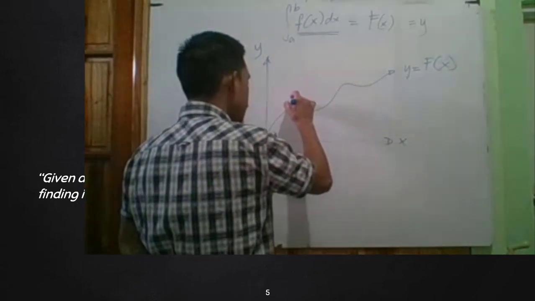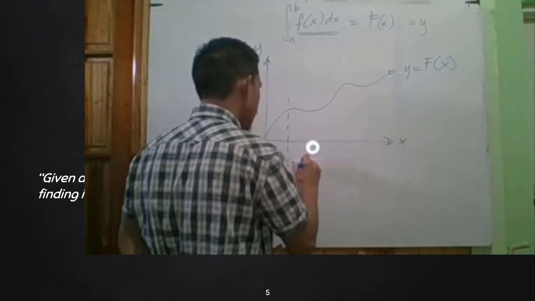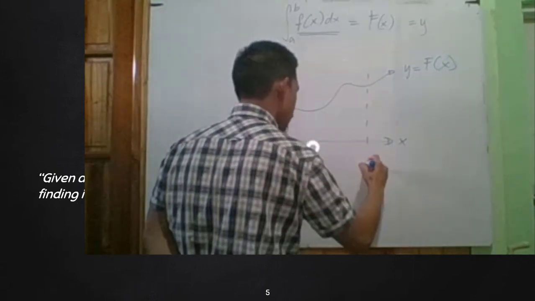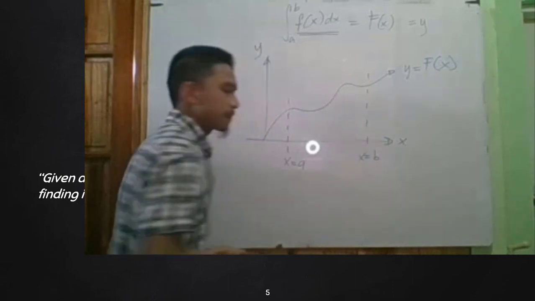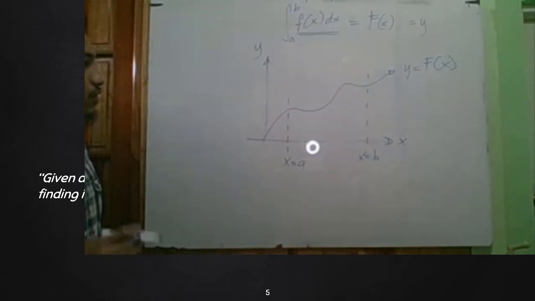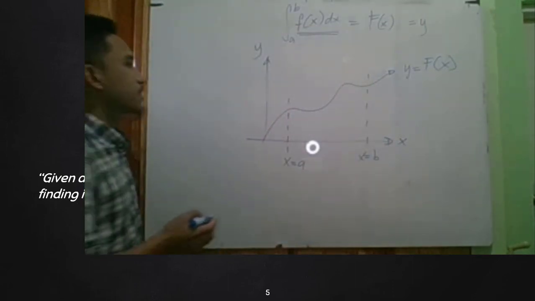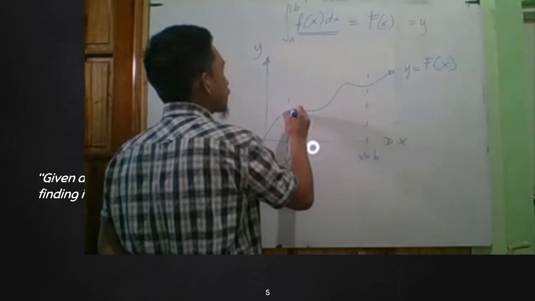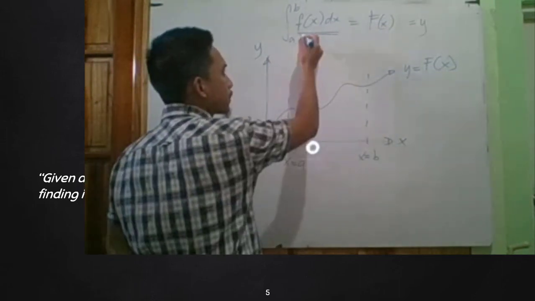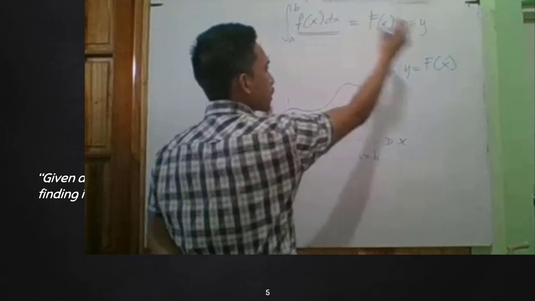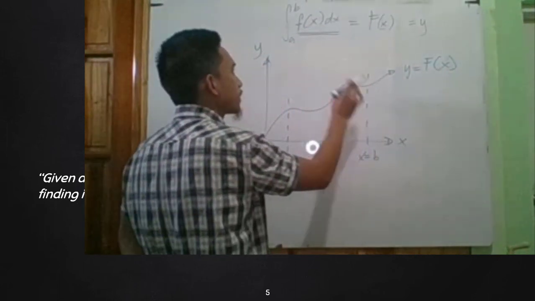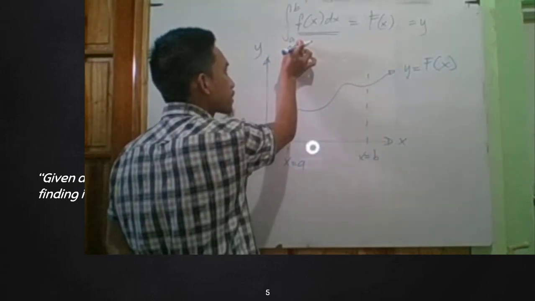So let's say this is x equals a, and that is x equals b. Okay, x equals a, x equals b. So from your differential equation, you are trying to get the original equation and then get the value from x equals a to x equals b.